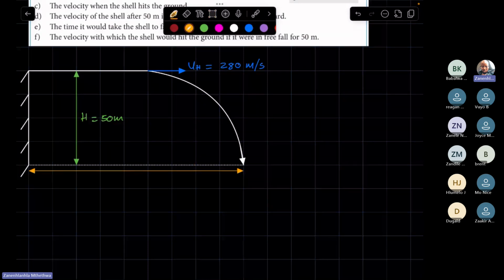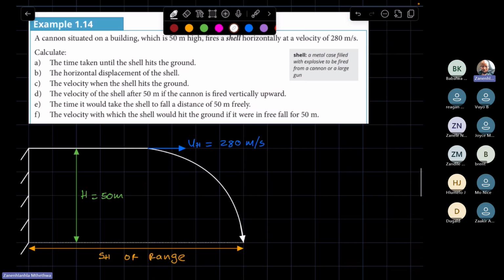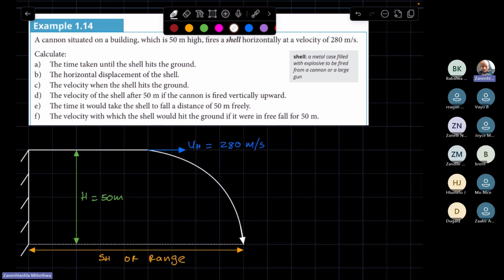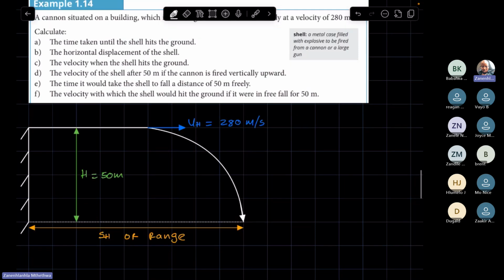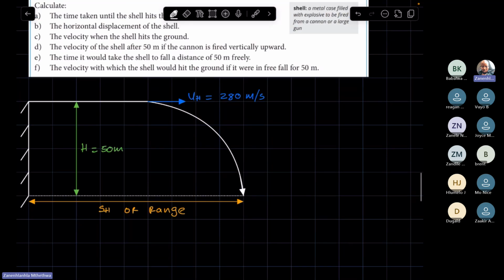This here is the maximum horizontal displacement or the range. Right. This is all we've been given, essentially. The question seems like it has multiple scenarios, so I'm going to leave it here. But as far as the problem statement, this is the schematic illustration as per the problem statement. Now let's look at A.